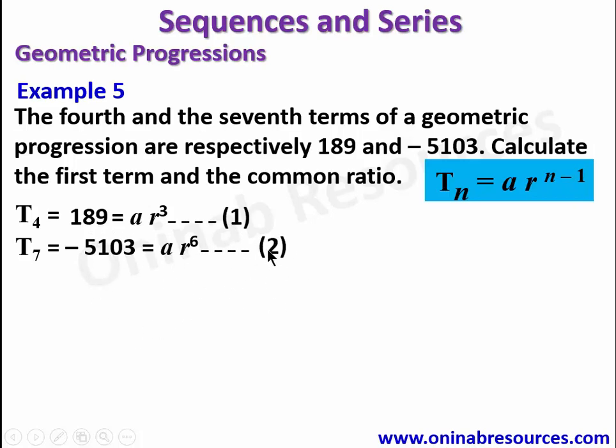So from here, we can say equation 2 divided by equation 1, then A will go, so that we will now be left with R raised to the power 6 divided by R raised to the power 3, which is going to be R raised to the power 6 minus 3, and that will give us R raised to the power 3 equal to negative 5103 divided by 189, and that will give us R raised to the power 3 equal to negative 27.